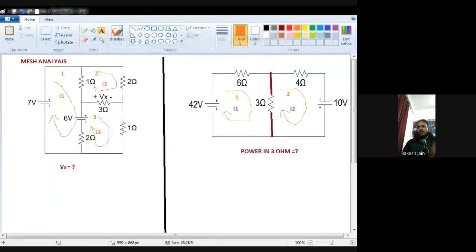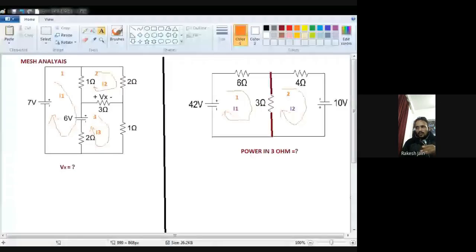Okay, very good. Now see, we have to write down the equations. Now what is the basic rule? Kindly keep in your mind whatever rule I am going to teach you. The rule is, once you denote the direction of the current and mention the name of those currents, just write down the equations.